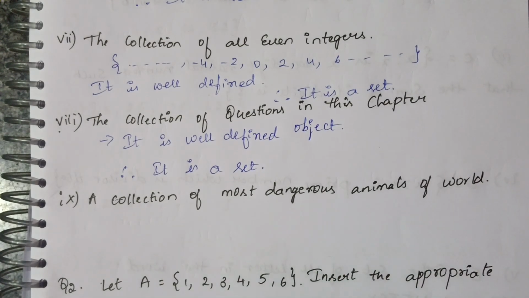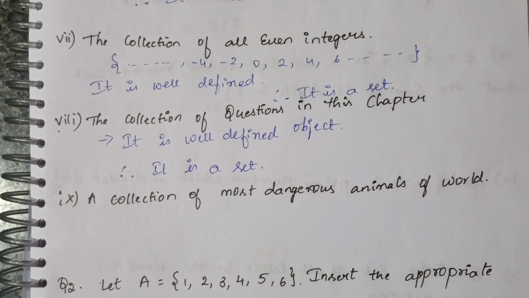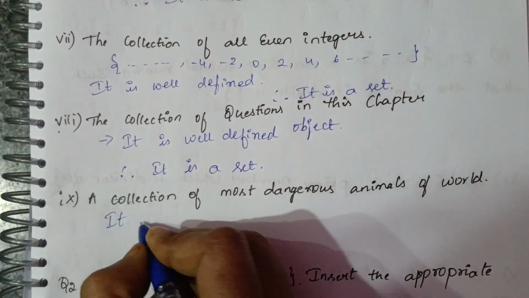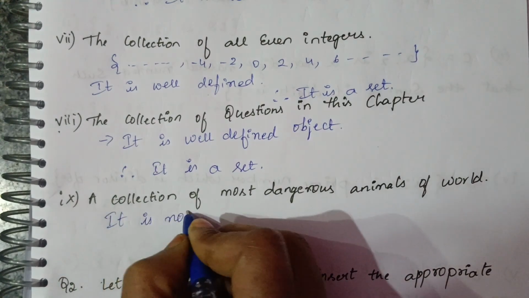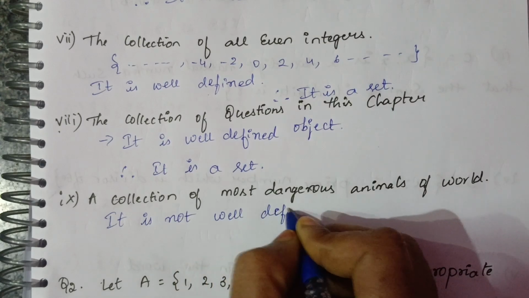Next, the collection of most dangerous animals of the world. Someone fears a cat and someone loves a cat. Dangerous animals are different for different people. So we can't say this is well defined.